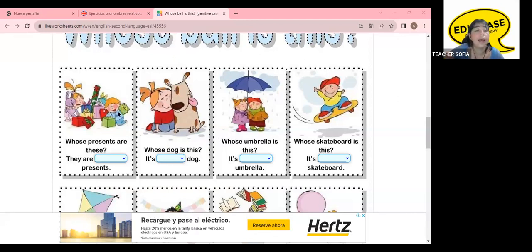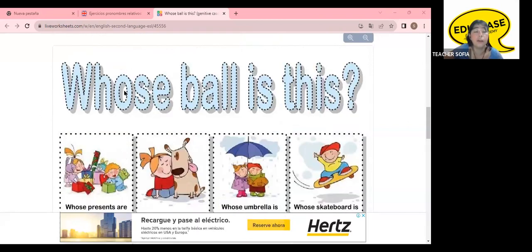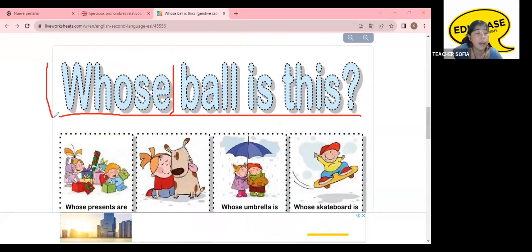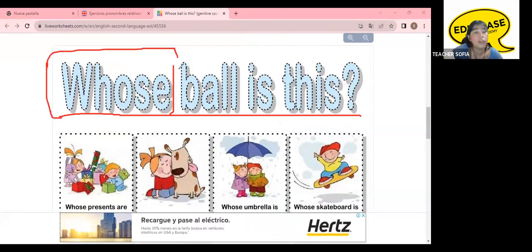In this case, we have the other W word that we were talking about at the beginning of the class, whose. I told you, don't think in Spanish. This is another expression in which we shouldn't translate from Spanish, because it would be difficult.